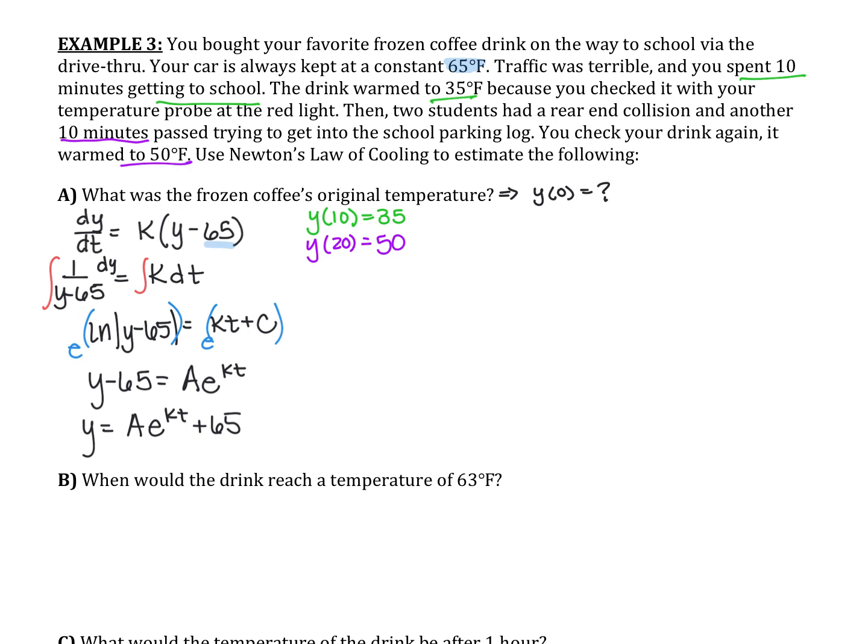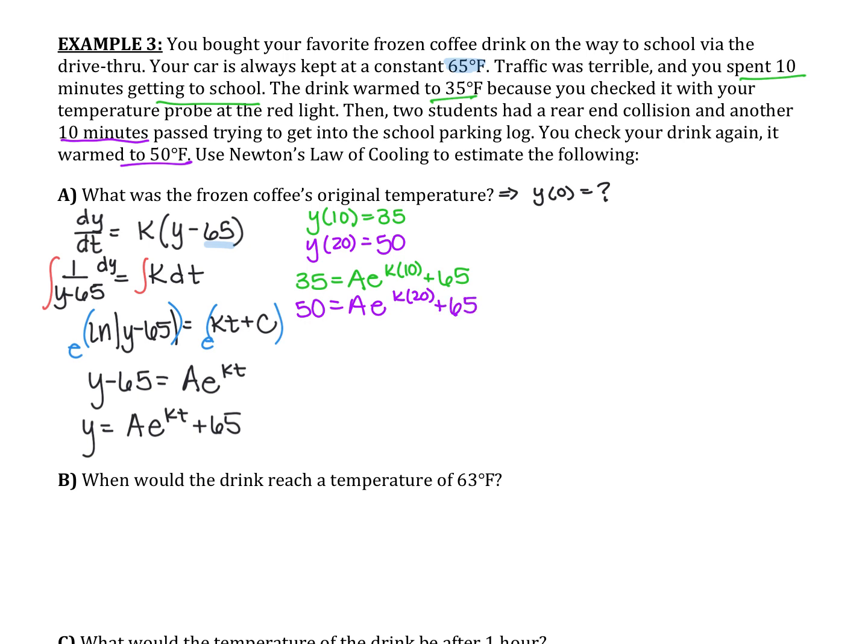So let's go through the process. I have 2 ordered pairs, so I'm going to plug them into my equation. 35 equals Ae to the k times 10 plus 65 for the first one. And then my second one would be 50 equals Ae to the k times 20 plus 65.